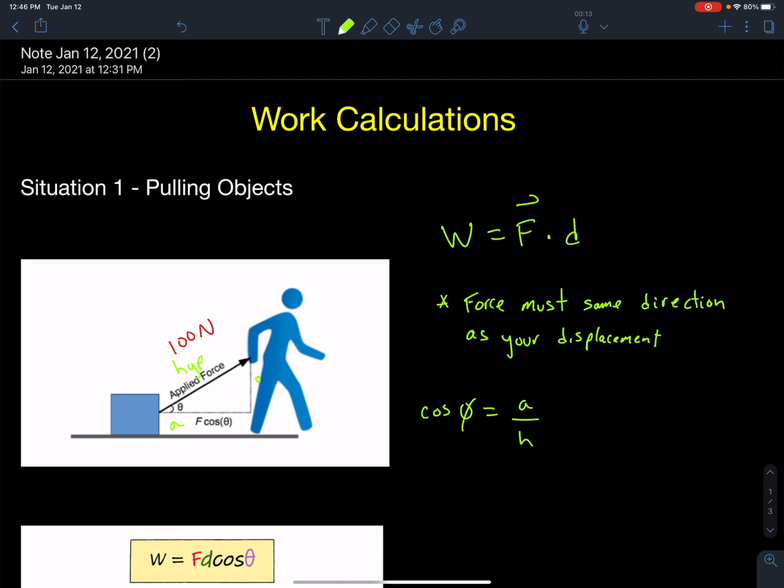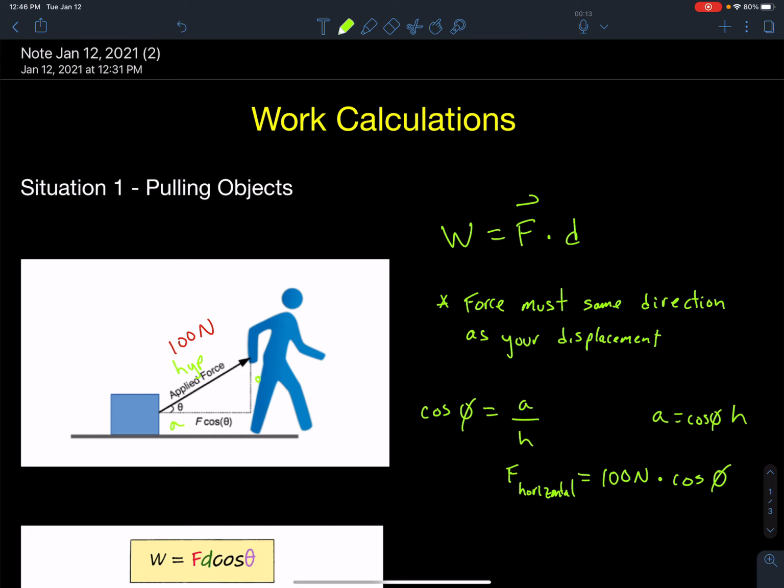So in order to solve for the adjacent side, adjacent is going to be equal to cos theta times my hypotenuse. That's what it's saying over here. So to solve for the force in that direction, the force horizontal is going to be equal to 100 newtons times cos theta.